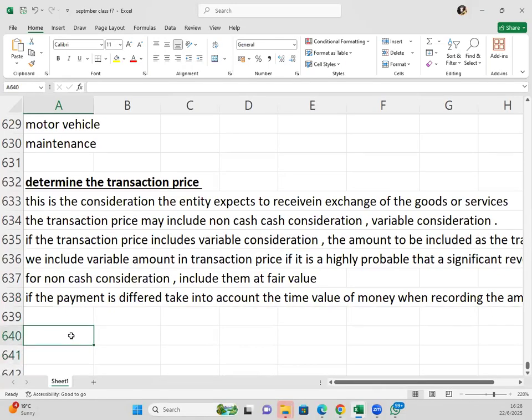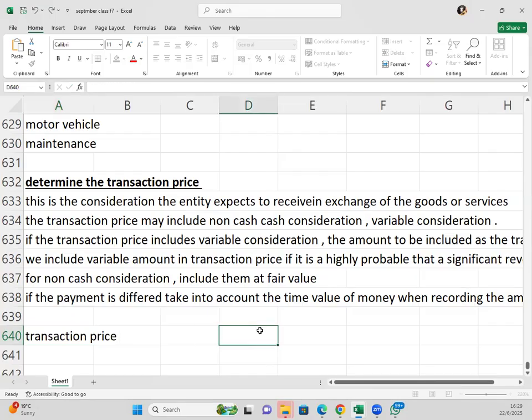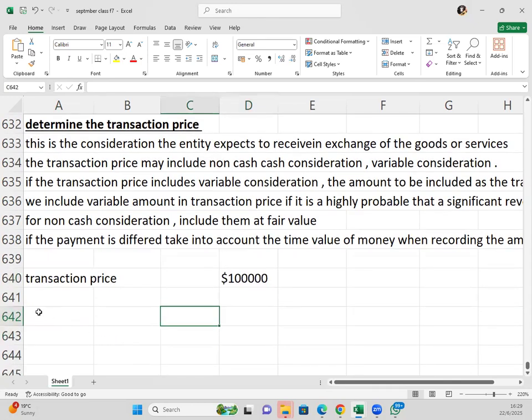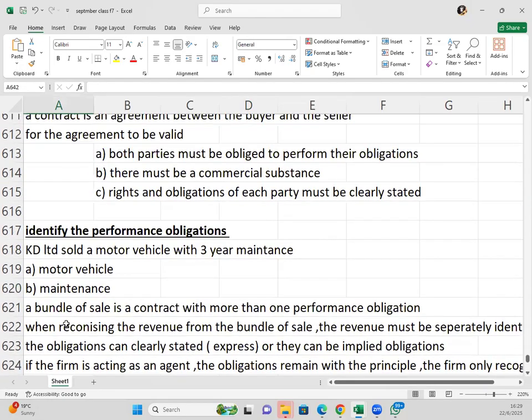In our simple example, someone is buying the car brand new and the transaction price is 100,000. That's what we are going to receive. So we have determined the transaction price.